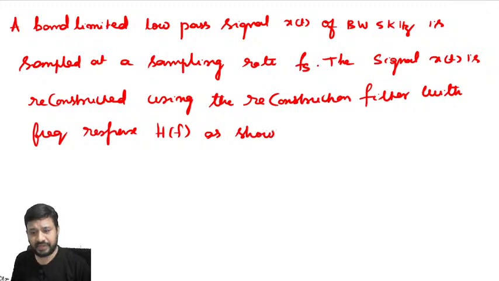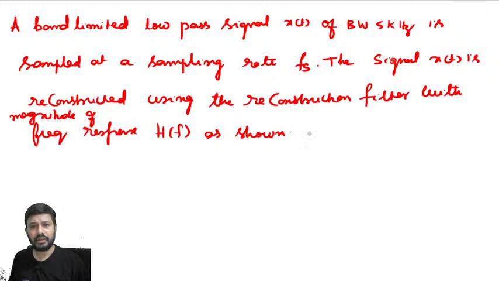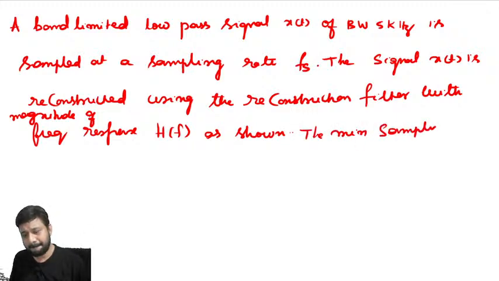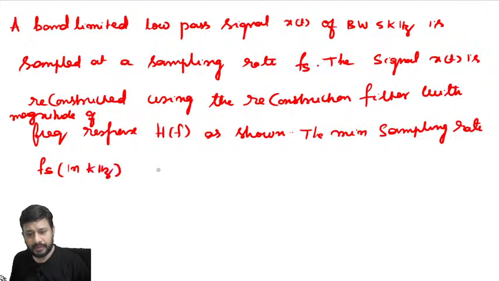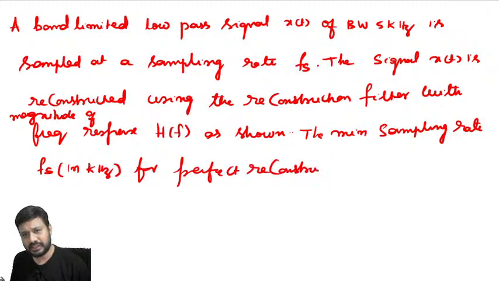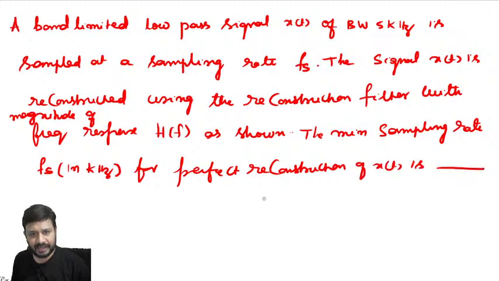Means he is giving the frequency response, right? The magnitude of the frequency response is shown. From this he is asking the minimum sampling rate Fs in kilohertz for perfect reconstruction of x of t. The filter characteristics are shown like this.